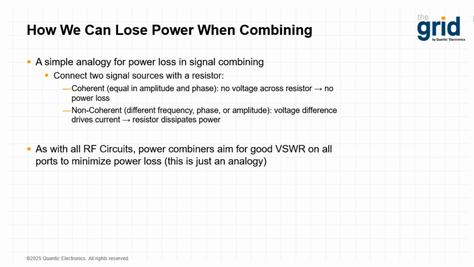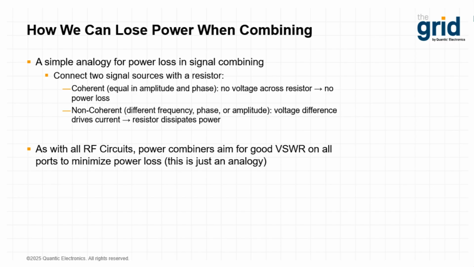If it's coherent and the two signals are equal in amplitude and phase, you're not going to see any voltage build up across that resistor, no matter how much power gets put into it as the sine wave goes through the system. In that case, where they're the same and no voltage gets built up across the resistor, all that energy will be combined and delivered to your final load.